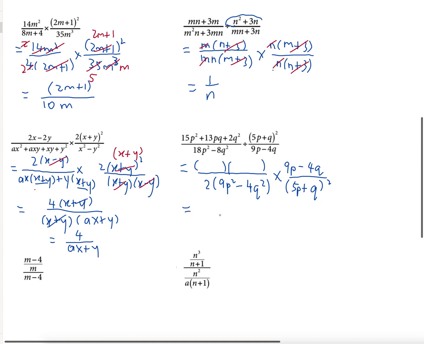Okay, so now if you factorize this, notice that I did not factorize the top part yet, because here we know that this is 3p plus 2q and 3p minus 2q multiplied by 9p minus 4q.